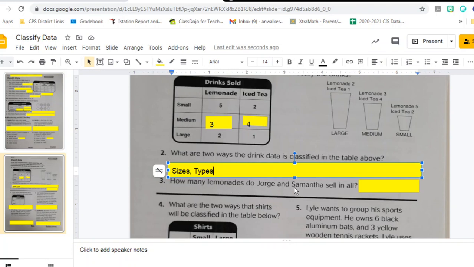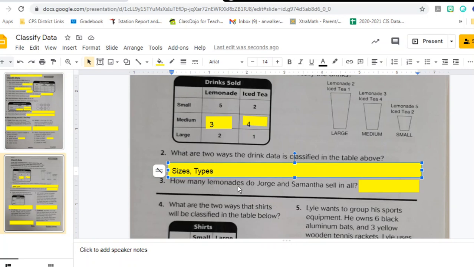How many lemonades do George and Samantha sell in all? Well, if you look here, it's only asking about lemonade. It doesn't care about the iced tea. So I don't even need to look at these numbers here because it's not asking about those. And I don't need to pay attention to the small drinks or medium drinks or large drinks because it's not asking about specific sizes.